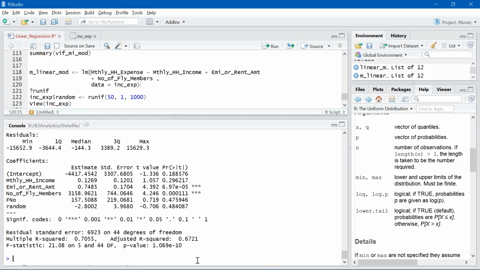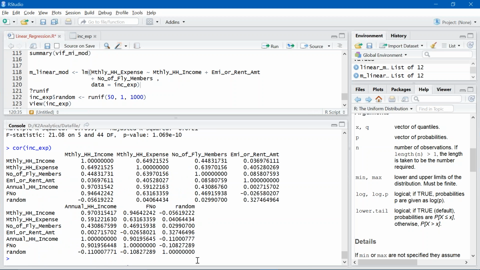Let me quickly run that. So we have got annual income and monthly income correlation 0.97. Assume this correlation does not come 0.97, it comes 0.62.